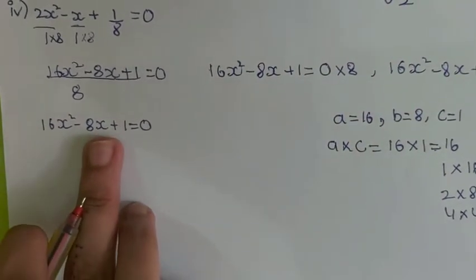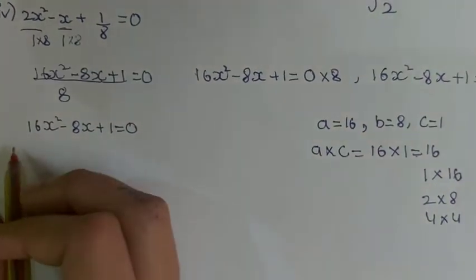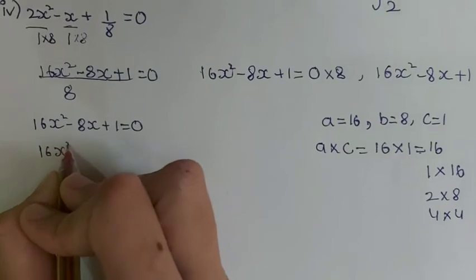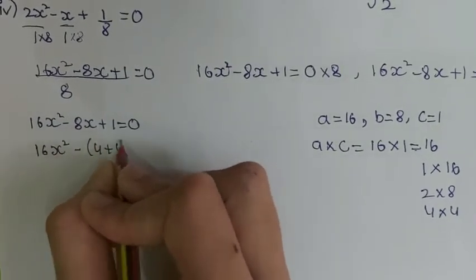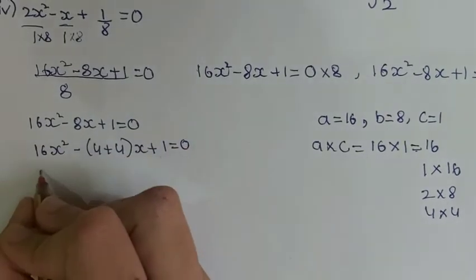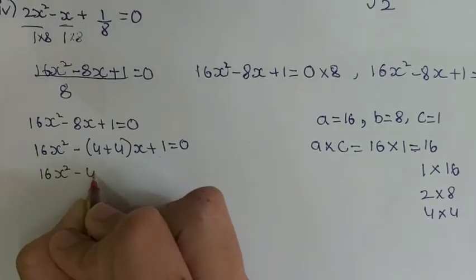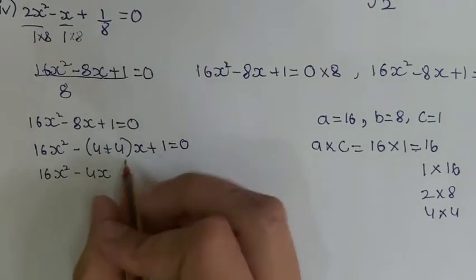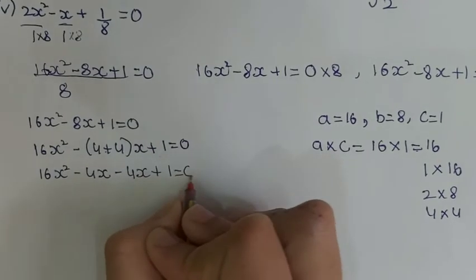So minus 8x can be written as minus 4x minus 4x. So now 16x square minus 4x, plus minus is minus, so again minus 4x plus 1 is equal to 0.